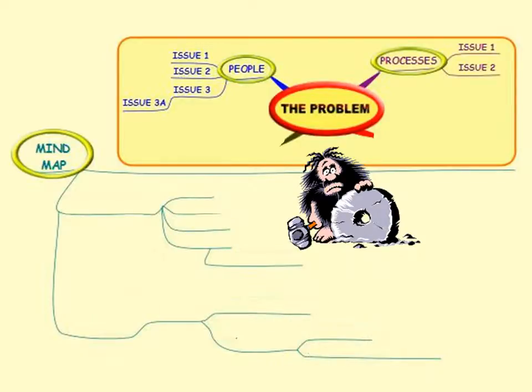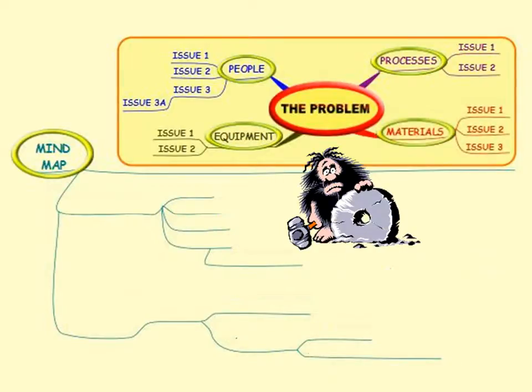It could, however, be the process. It may be that Fred is hitting the rock in the wrong place or something like this. So there might be a couple of issues related to the process that's being used. It could be Fred's equipment isn't effective enough. Either the hammer's the wrong size or too heavy, or it's just not the right tool in the first place. Or the materials, the rock itself used for the stone, that might be too hard, too soft, or the wrong kind of rock altogether.